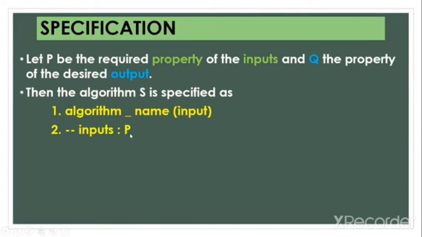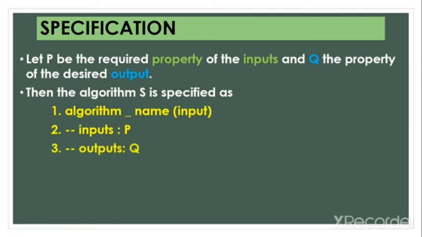So what is p? It is the property of the input. So in our first statement we have to mention the name of the algorithm. In the second statement we have to give the property of the input. If I just give p, we won't understand it, so that is why we give a comment beside it, and for the comment we use this double slash, double hyphen.